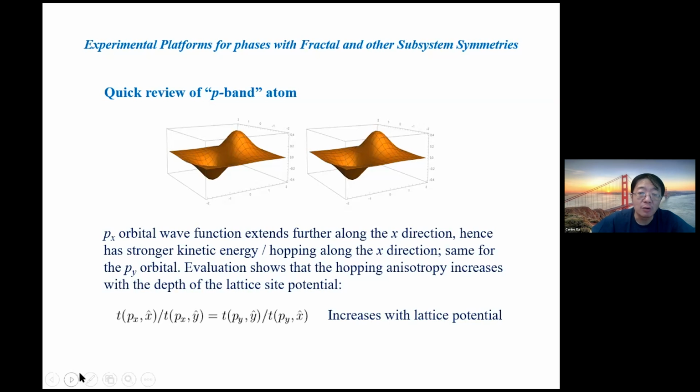The ratio of the amplitude for the px orbital to hop along x divided by the amplitude to hop along y will increase with the lattice potential. So in a certain limit, the px orbital will only hop along the x direction, the py orbital will only hop along the y direction, and the pz orbital will only hop along the z direction.